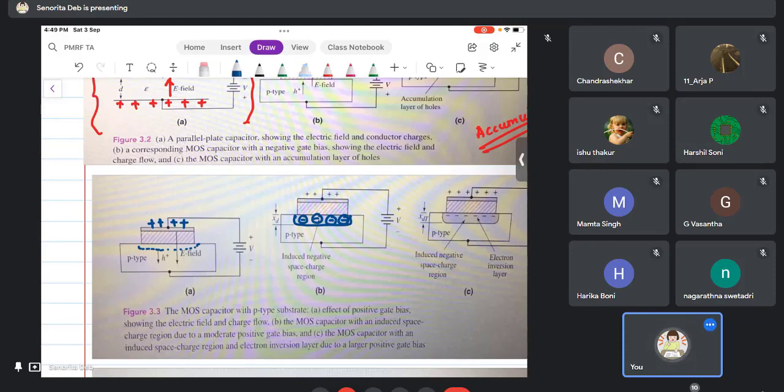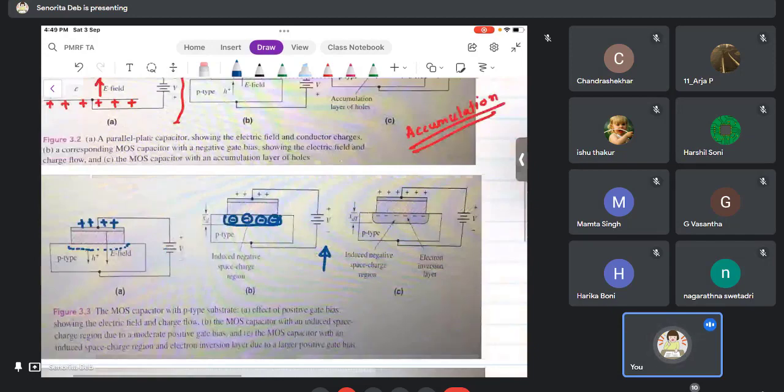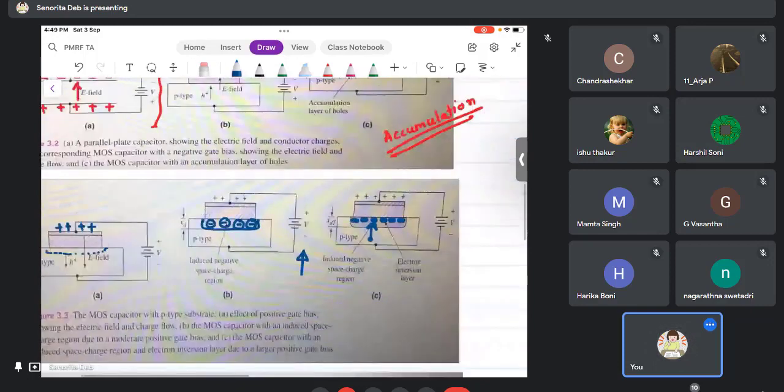Next, what happened? When you keep on increasing the gate voltage, this positive biasing voltage, what happens is that in a p-type semiconductor the minority carriers are electrons, right? The minority carriers will now come and start accumulating, and as the electrons accumulate, there is a flow of current, and therefore you have achieved something.